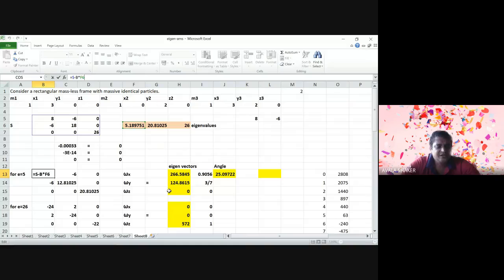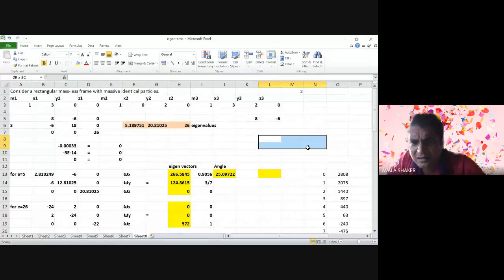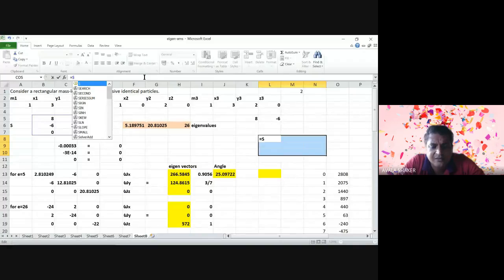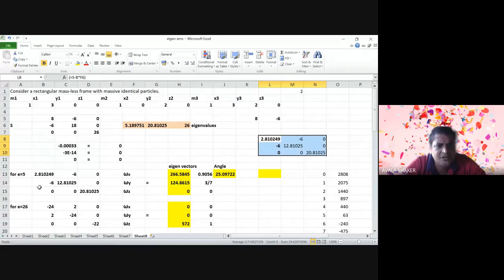So you will say shift, control shift, enter. How will you do that? Basically you select a 3 by 3 range, equal to S minus B into, so that will give you these values.